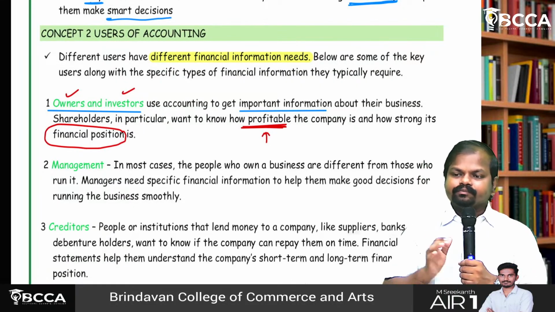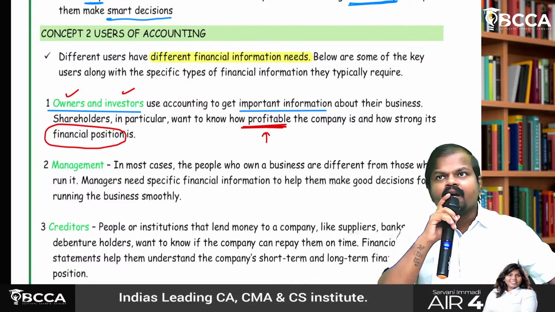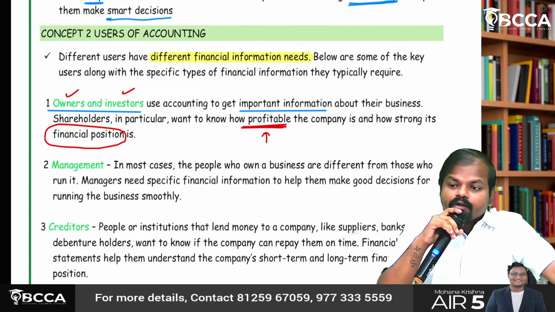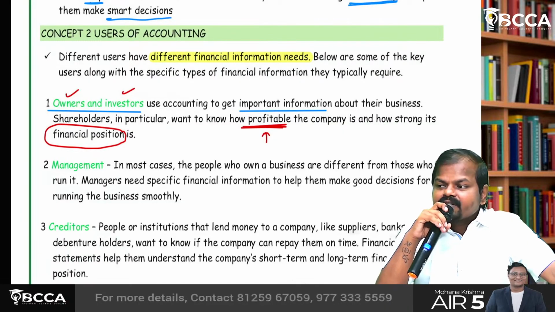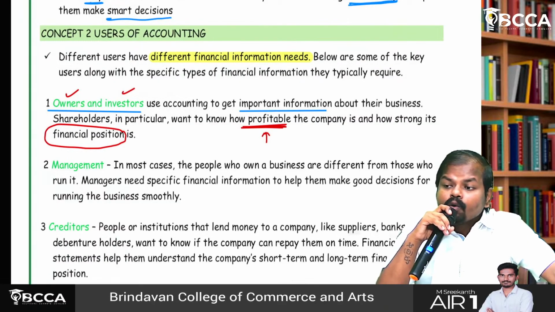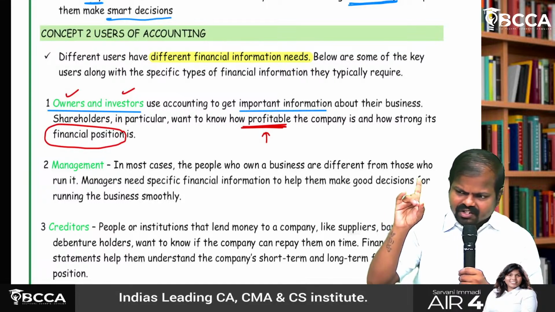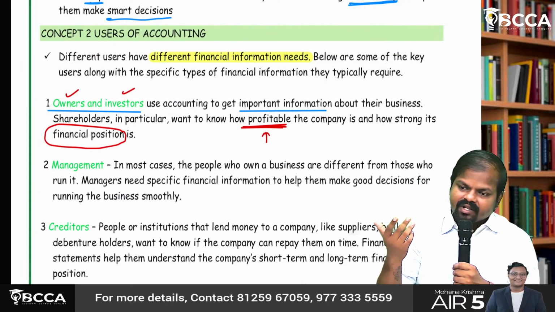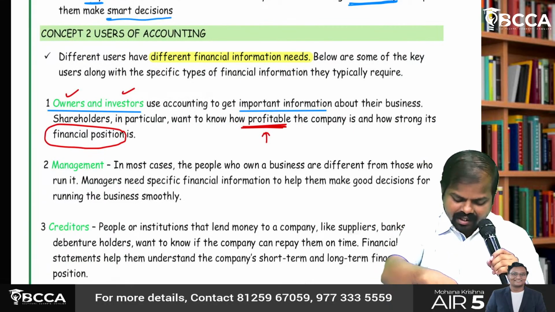Now tell me, owners or investors will be interested to know what? Profits of the company and position of the organization through accounting or financial statements. This is the first expectation from the owner as well as investor point of view. Till now clear? Excellent.